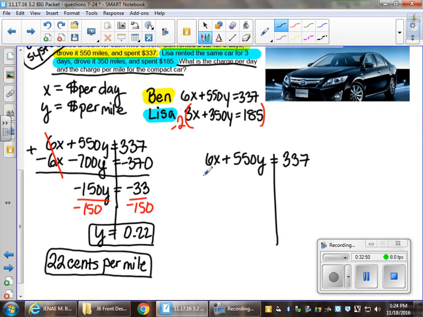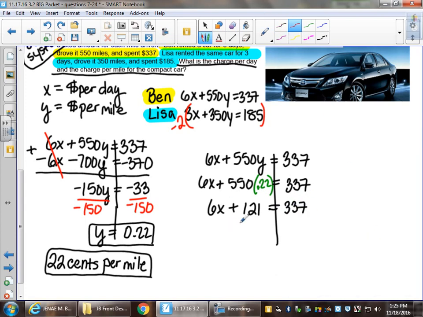This will be 6x plus 550, and where I see y, I am substituting in 0.22 equals 337. This will be 6x plus 550 times 0.22 is 121 equals 337.